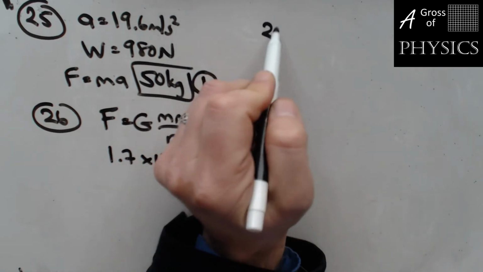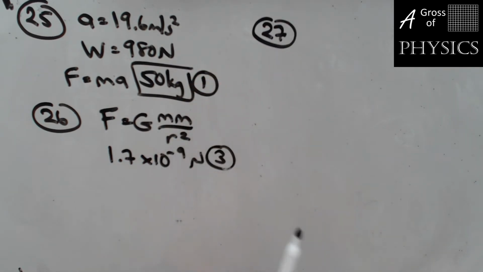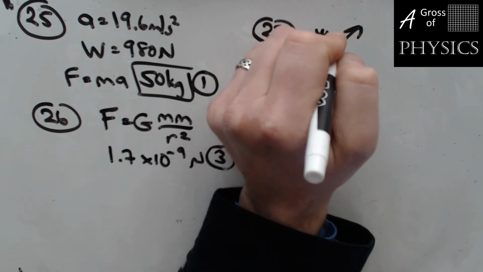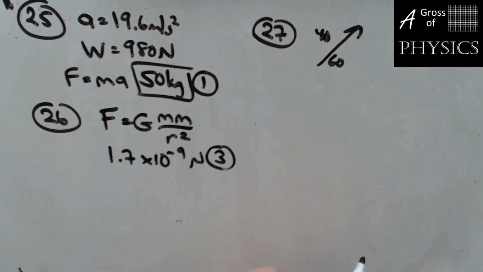All right, 27. A projectile is launched at an angle of 60, and the initial velocity is 40. So this is 60, this is 40. The projectile reaches its highest altitude at point P and strikes the target point T. What's the vertical component of the initial speed?